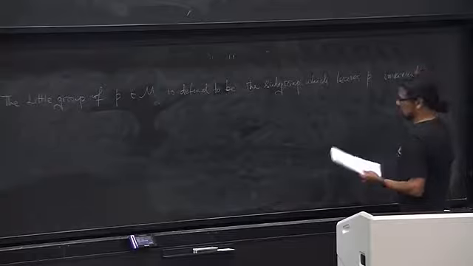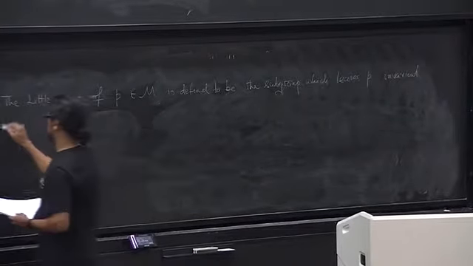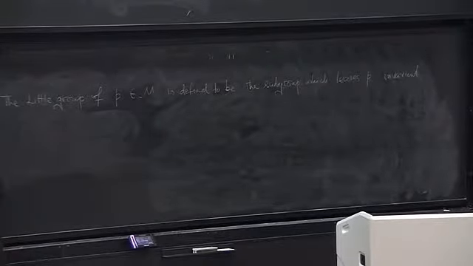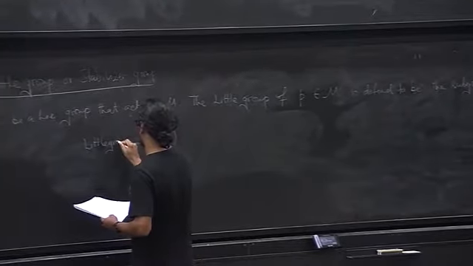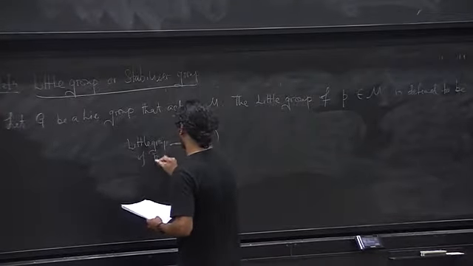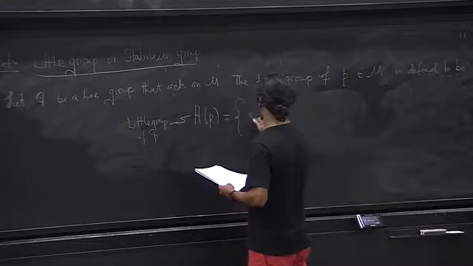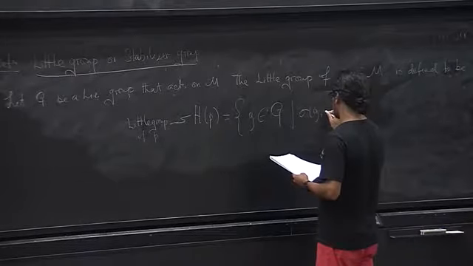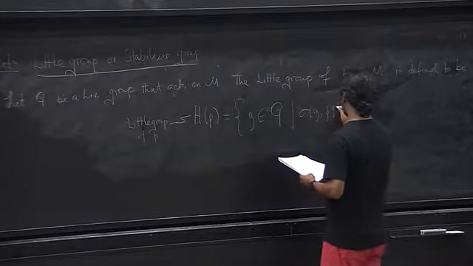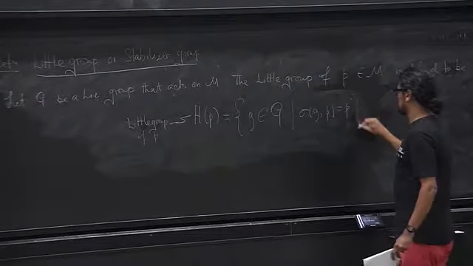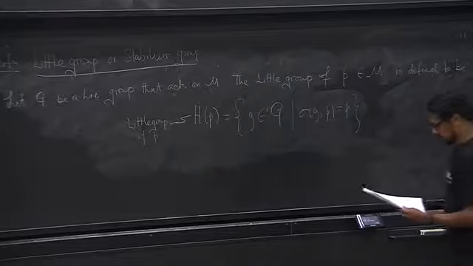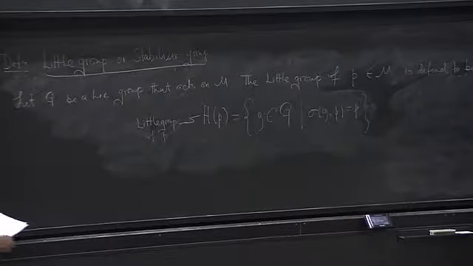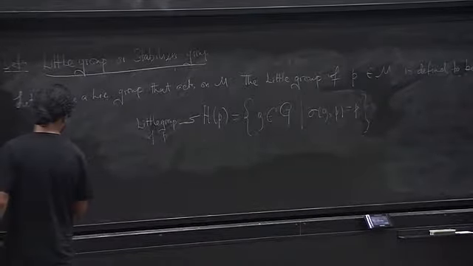What I mean is that H of P, this is the little group of P. This consists of all the elements in G such that the action of those elements on the point P has no effect on it. So in other words, P is a fixed point of the action of H.